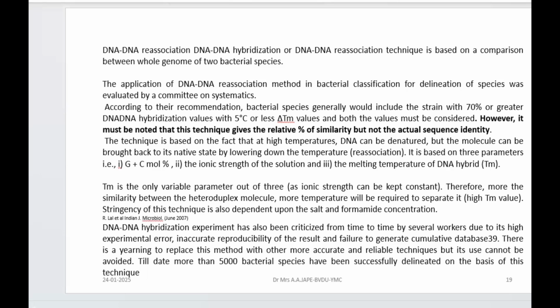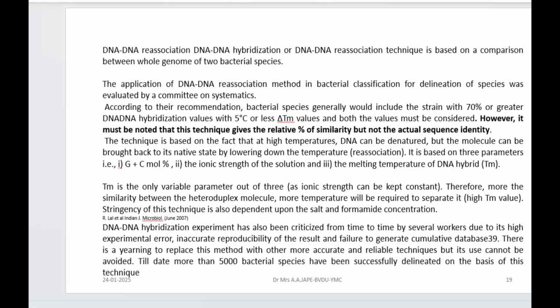We know it. So it is based on three parameters. What are the three parameters that are going to decide the success or efficiency of this method? Number one is G plus C content in terms of mole percentage. Second, ionic strength of the solution. And third, the melting temperature of the hybrid DNA. So that is going to decide how stable the hybrid formed is. So TM is the only variable parameter out of the three.